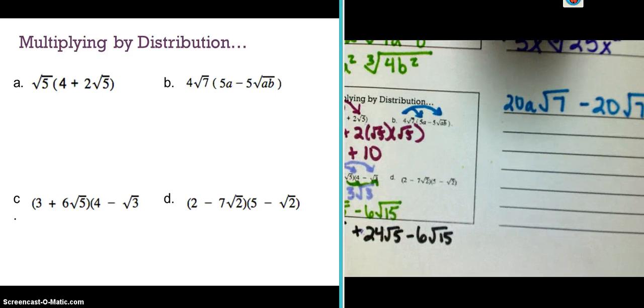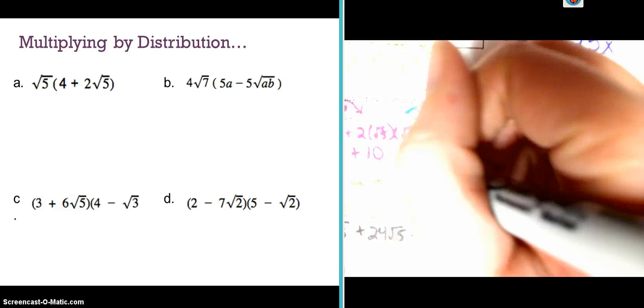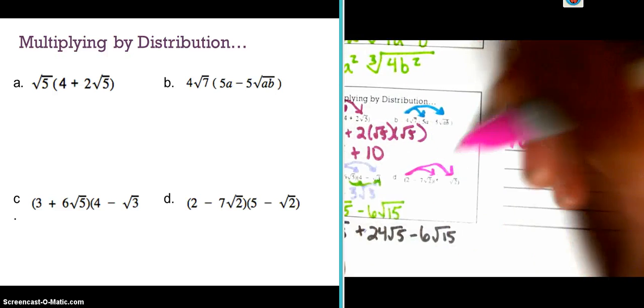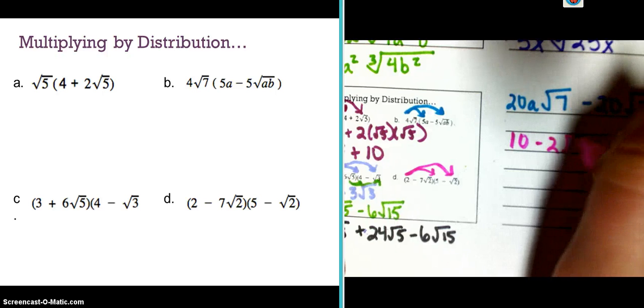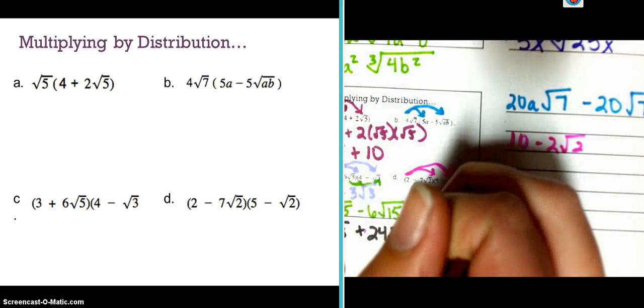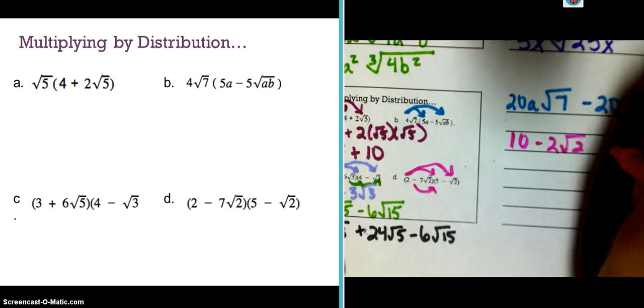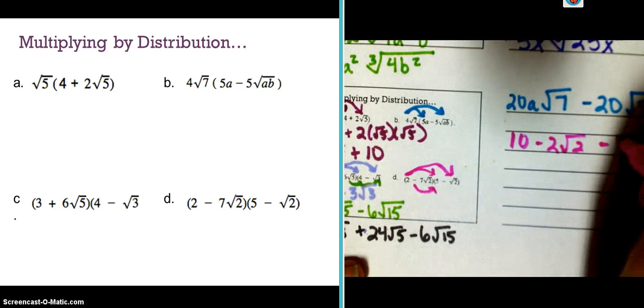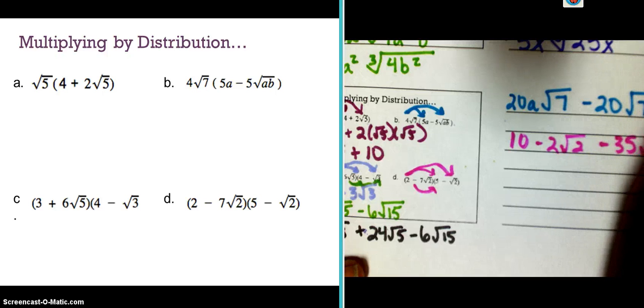And for the very last one, I have 2 times 5, which is 10. I have 2 times negative square root of 2, which is negative 2 square roots of 2. Negative 35 square root of 2.